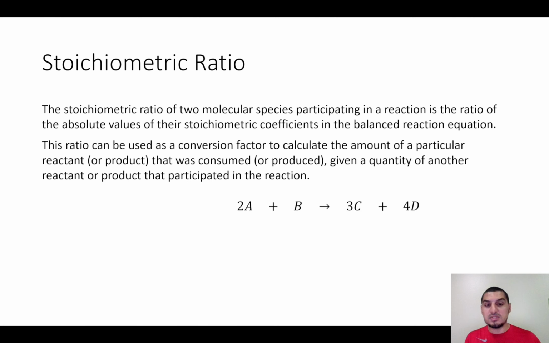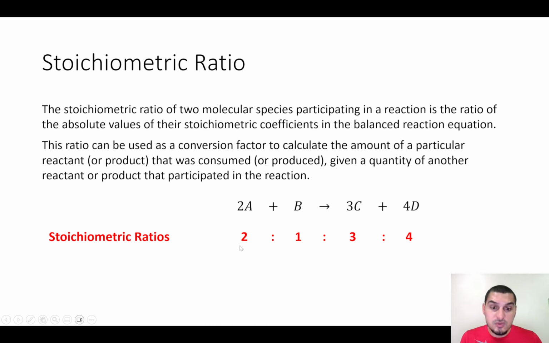A reacts with B to produce C and D. If it's a stoichiometric reaction, then I know, based on the balance of the equation, or the stoichiometric coefficients, that 2 moles of A react with 1 mole of B, producing 3 moles of C and 4 moles of D. So if I know that the number of moles of A that got consumed in this reaction is 10 moles, then I can calculate the number of moles of B that are consumed, and the number of moles of C and D that are produced.